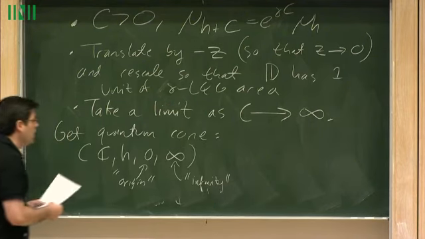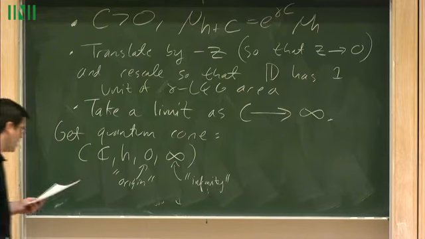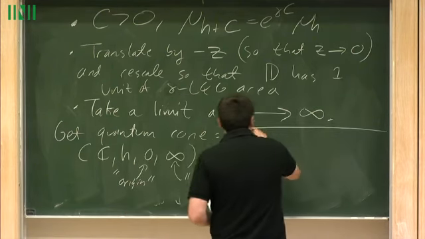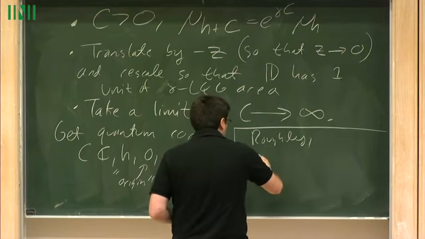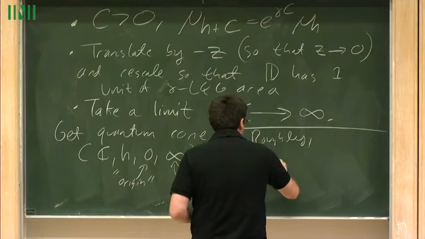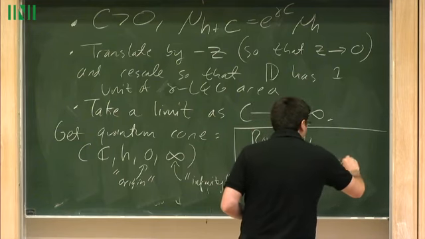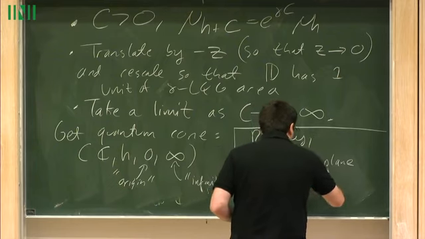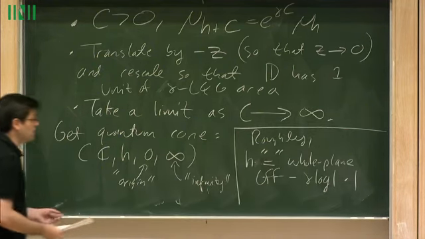And I don't want to write down the actual mathematical definition of the field that you get, but let me just say that, very roughly speaking, the field that you get is like a whole plane Gaussian free field, except at the origin you have a minus gamma log singularity.